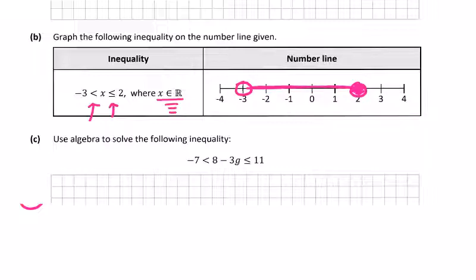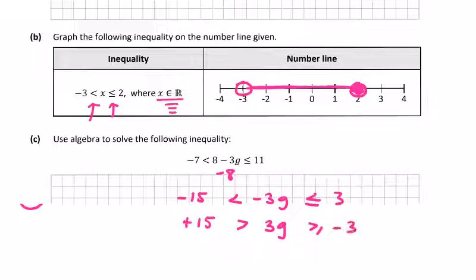Then we're asked to use algebra to solve the following inequality. We can do it in a couple of steps here. I'm going to take away 8 from everything to get rid of the 8 in the middle, so that will be minus 7 minus 8 will be minus 15, less than minus 3g, less than or equal to 11 take away 8 will be 3. We can divide by minus 3, we'd have to change the sign of the inequality, or if you want to do that in one step, we could just change the signs and say plus 15, change this direction, 3g, and change the direction, minus 3.